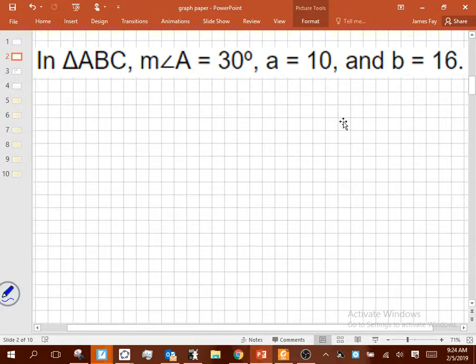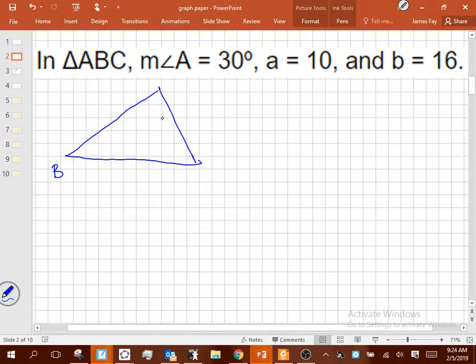All right, so here we got another triangle. Changed the A from 7 to 10. Again, I don't care about the setup of the picture. I'm going to make this point B over here.